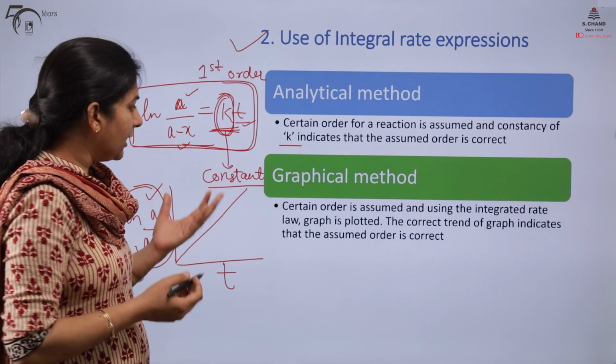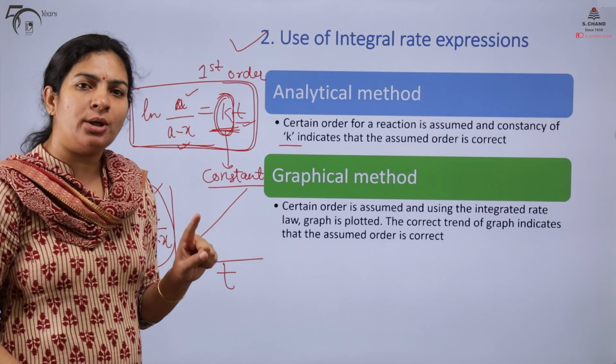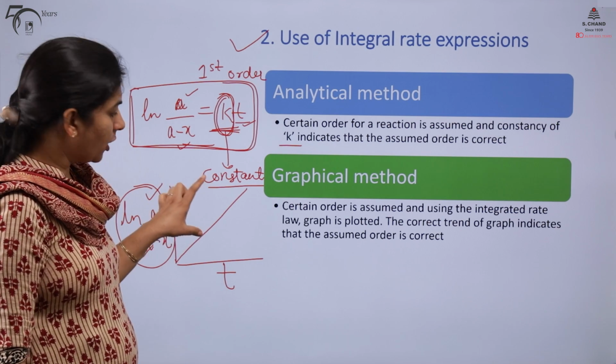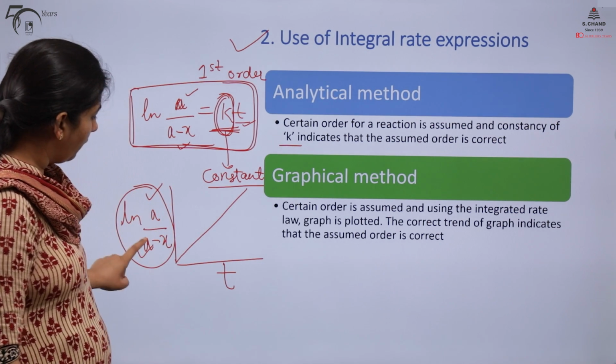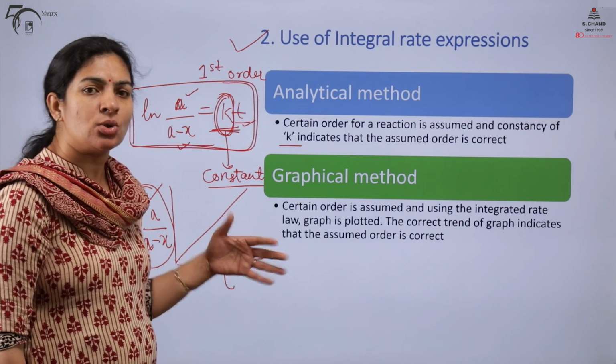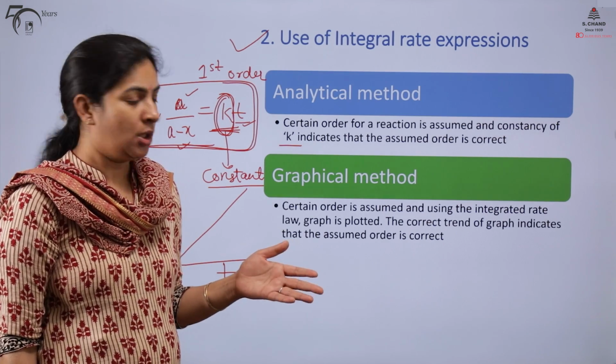And if I assume the order to be 1, that means my reaction follows first order kinetics, the graph between log of A upon A minus x versus T should come out to be a straight line. So if I get the straight line, that means the assumed order is correct.